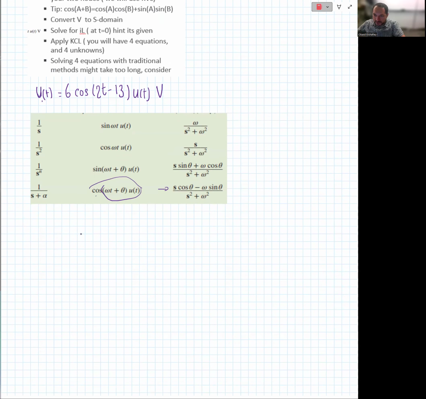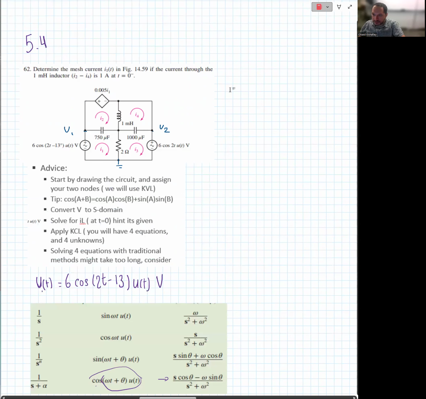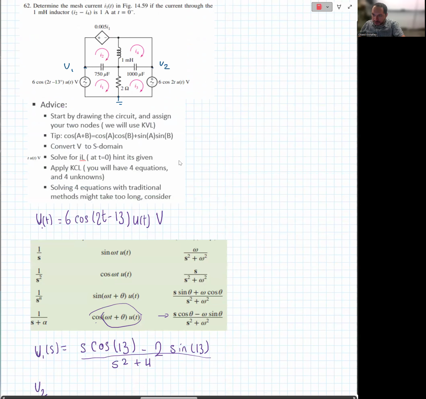So we can say that V1(s) equals s cosine theta, which is 13, minus omega, which is 2, times sine theta, which is 13, over s squared plus 4.